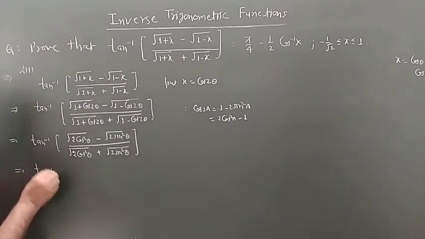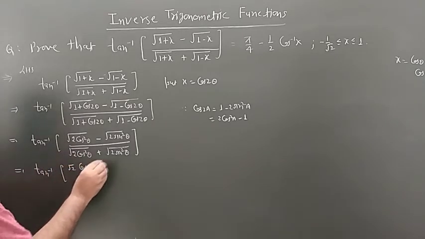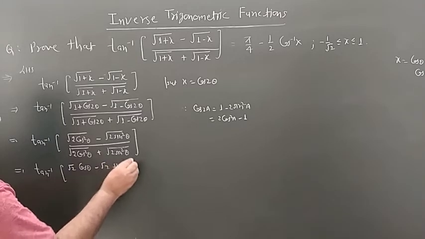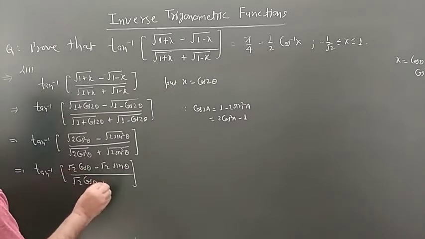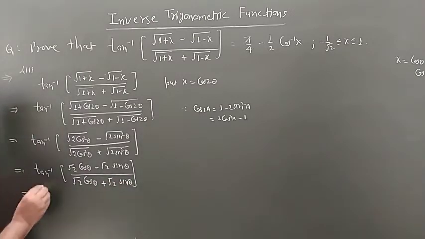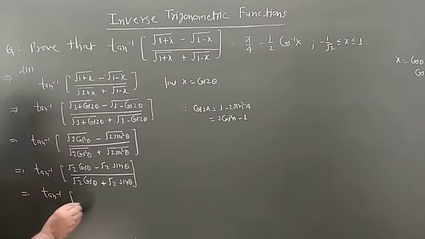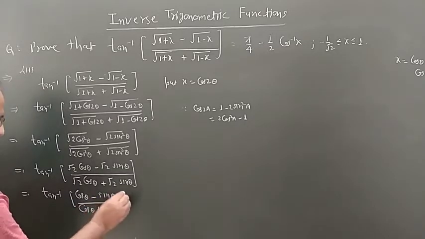This can be reduced now: under root 2 cos theta minus under root 2 sin theta upon under root 2 cos theta plus under root 2 sin theta. Root 2 is common and cancels out with the denominator. So we have only (cos theta minus sin theta) upon (cos theta plus sin theta).